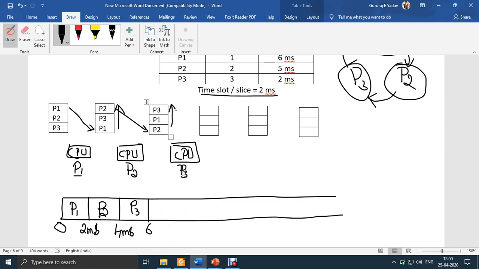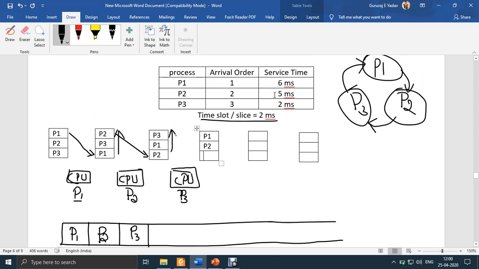Now again you have to rearrange this queue, so you have to shift up. P1 will be shifted up and come and sit here, and P2 will come and sit here. What about P3? Will it come and sit here? No, P3 will not come in here. Why? Because you have to keep track of the service time.